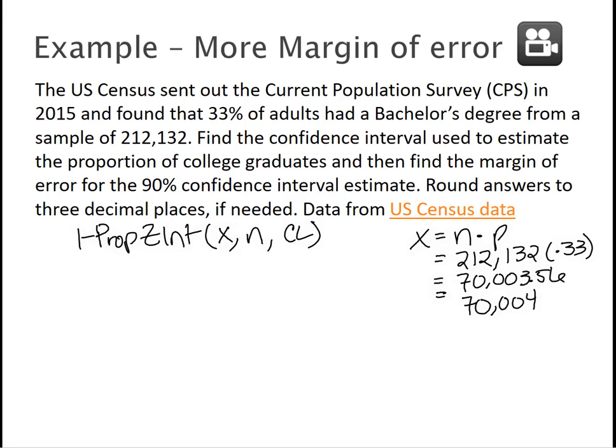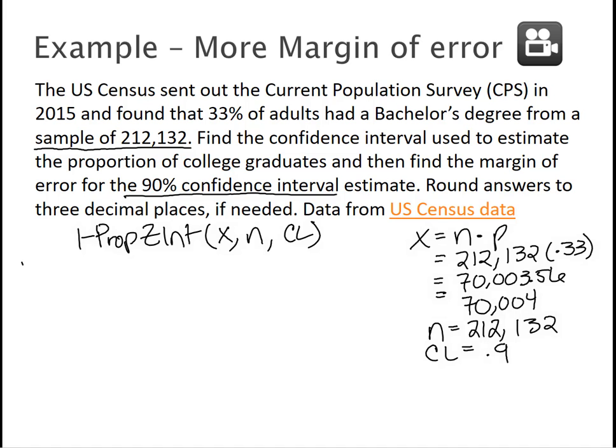Now my N is going to be the total, which is my sample of 212,132. And then my confidence level is 90% confidence, so I'm going to convert that to 0.9 as a decimal.